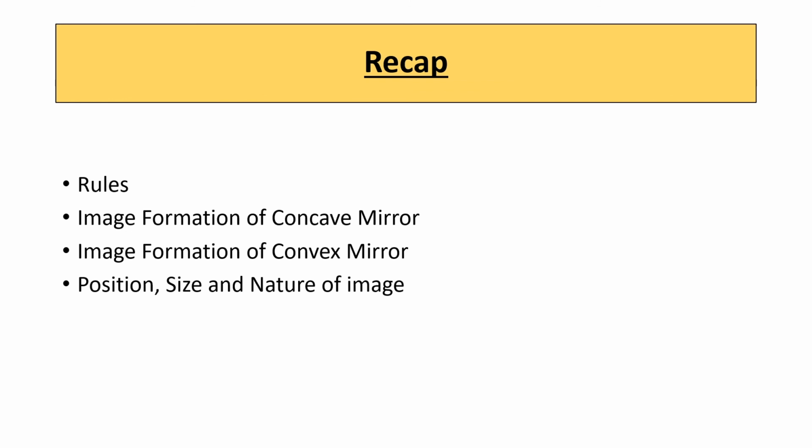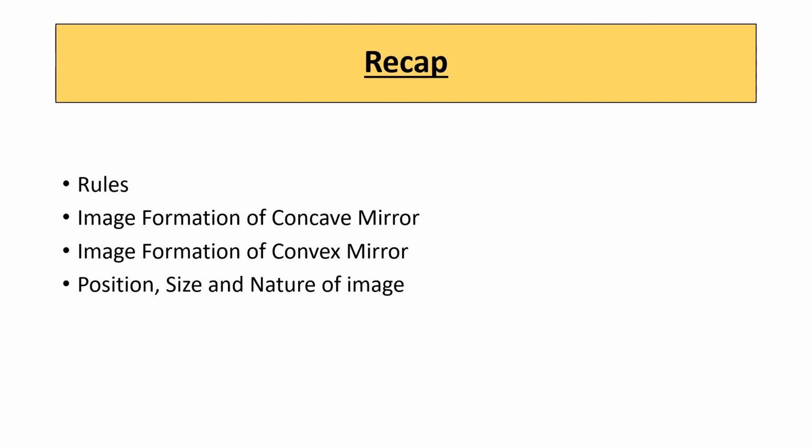In this session, we learned about the image formation by spherical mirrors. For that, first we learned the 4 rules. Rule 1, that is, if the incident ray is parallel to the principal axis, the reflected ray should pass through the focus. Rule 2, if the incident ray passes through the focus, then the reflected ray must be parallel to the principal axis.